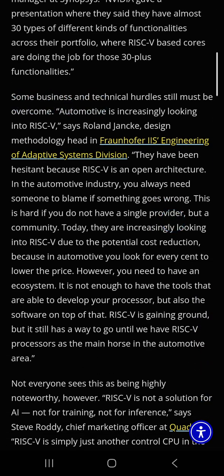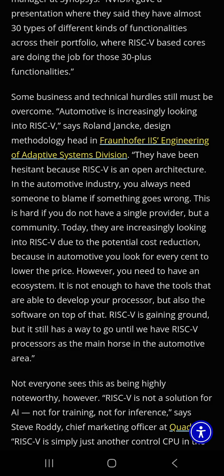So some business and technical hurdles still must be overcome. Most automotive is increasingly looking into RISC-V, said Roland Jancke, design methodology head in the engineering of adaptive systems division at Fraunhofer IIS.